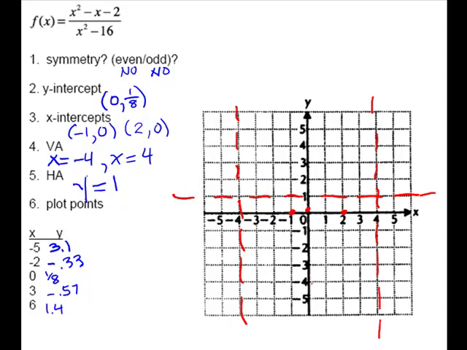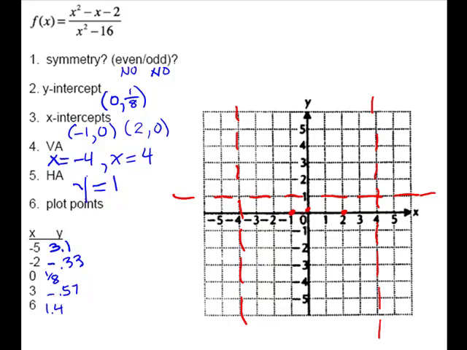And so then we'll put our points on, but let's see, why did we pick these points? So why were we given -5? Well, -5 gives you a point in this section to test whether it's going to be down here or up here. Right? -2 is in this section. It is between this intercept and this vertical asymptote.